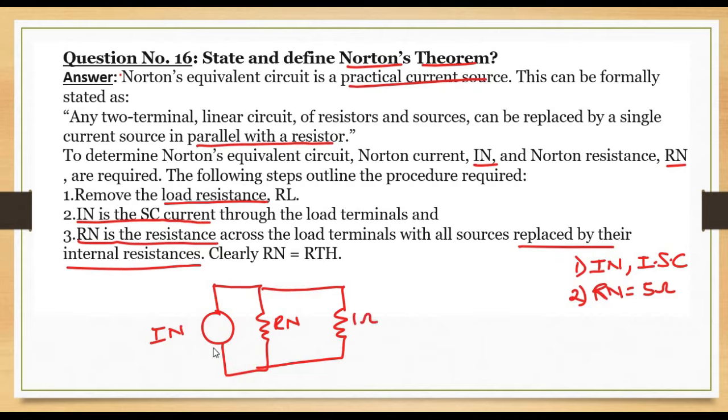Now we have found the value of IN, and we have also found the value of RN. Now by applying node or mesh analysis, we can easily find the current going through the load resistance, and in this way we can solve this circuit by Norton's theorem.